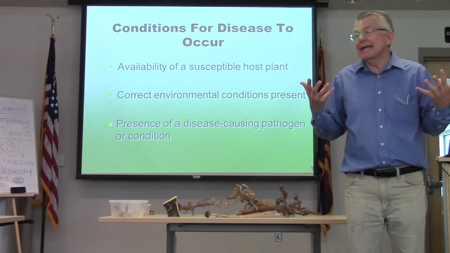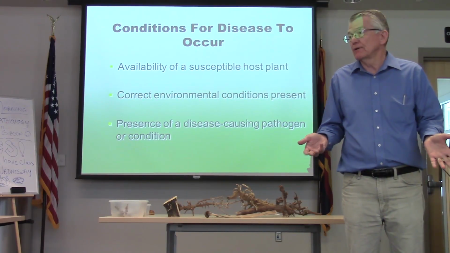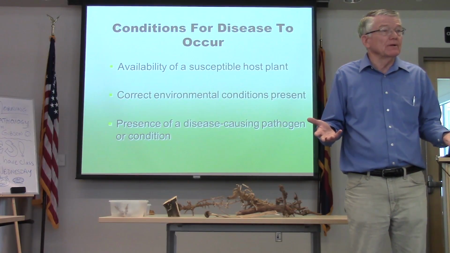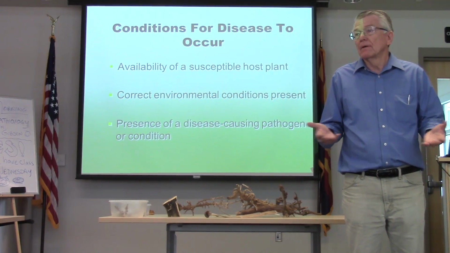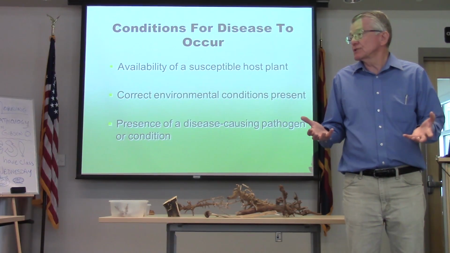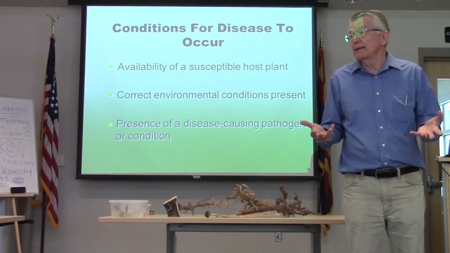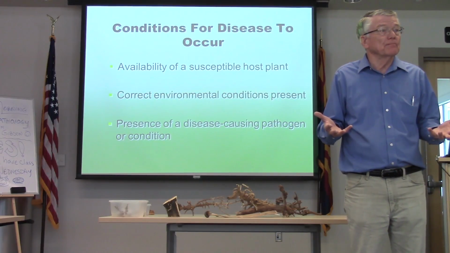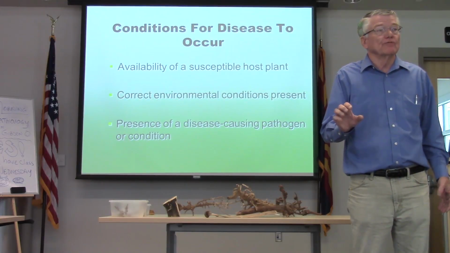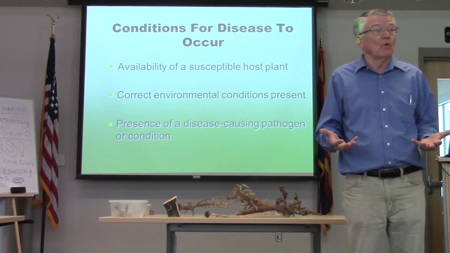So if I plant a non-susceptible plant, a citrus tree in root rot ground, for example, I've pretty much broken the cycle. It's not going to be a problem. If I can eliminate a disease organism in the presence of a susceptible tree, I'm going to eliminate the potential for that disease, or at least reduce it. For example, Alternaria fungi in navel oranges.